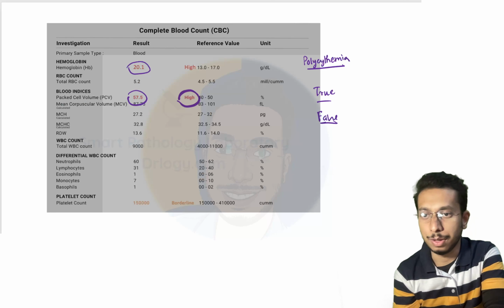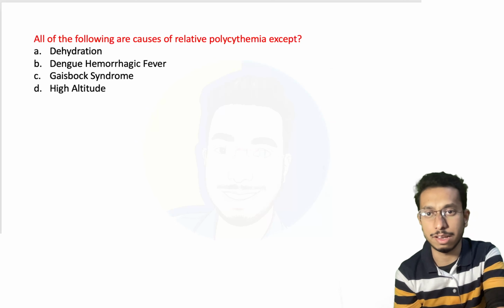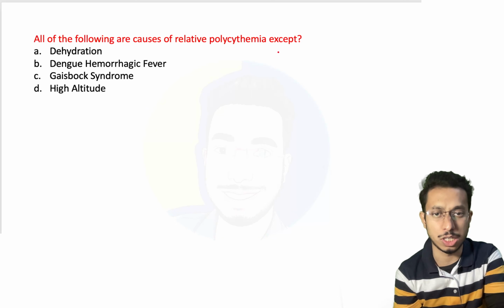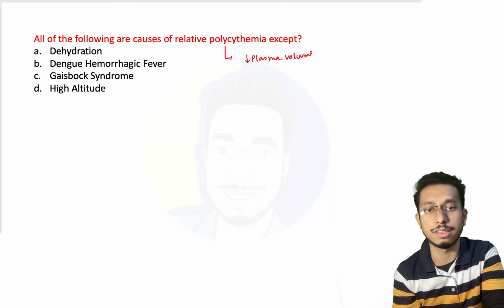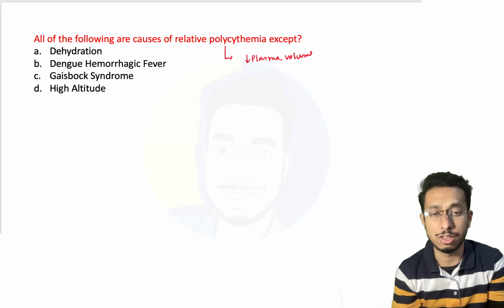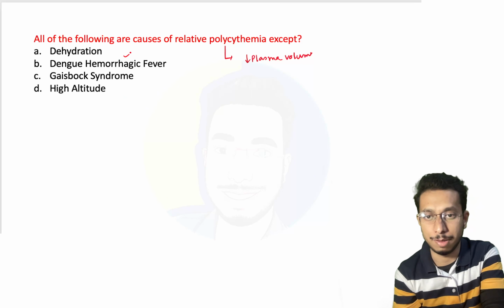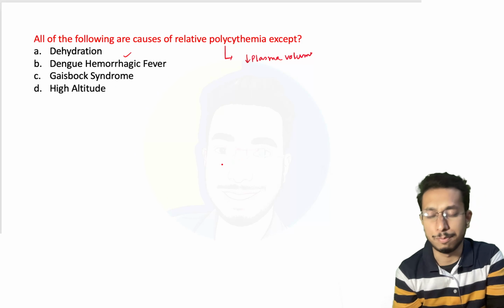Now coming to the next question, all of the following are causes of relative polycythemia except. Just discussed now. Relative polycythemia or spurious polycythemia is seen when there is decrease in the plasma volume, and when there are other causes leading to it, for example dehydration, dengue hemorrhagic fever, or hemorrhage per se as given in the option, or diuretic use, in such cases there will be relative polycythemia.